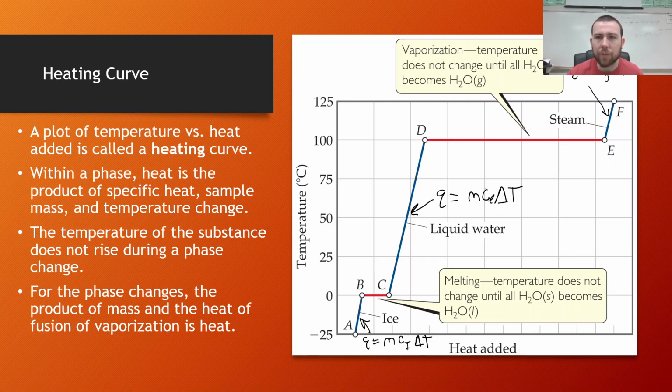So you would use the appropriate specific heat value during those particular changes. And notice in each of those, there's a change of temperature, so that's why we're using Q equals mc delta T.